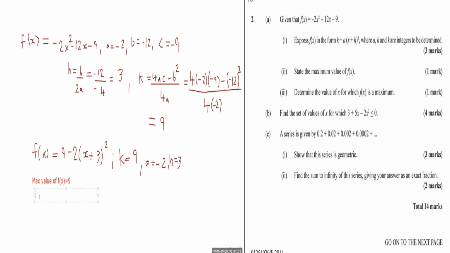Next thing it asks us for is determine the value of x for which f of x is minimal. So the value of x is equal to minus h. All right, and so x is equal to the value of x for which f of x is maximum, that x value is negative 3.